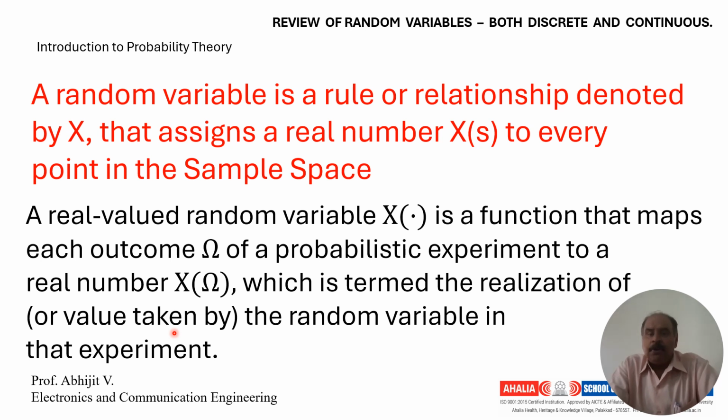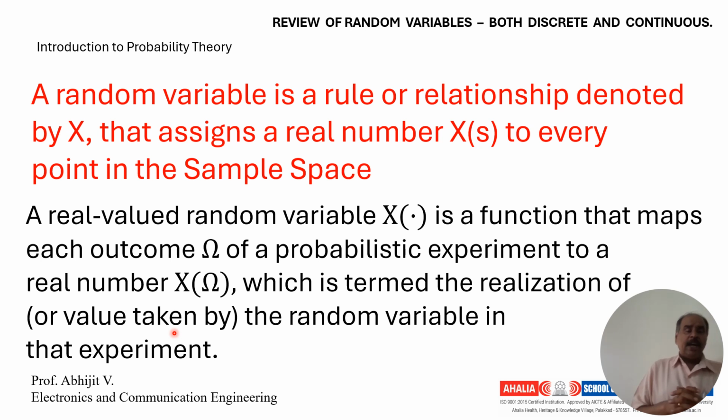The definition for random variable: a random variable is a relationship or a function or a rule where you are going to map every single point in the sample space to a real number. In the next slide, I will teach you this with the diagrammatic explanation, which makes it much clearer.